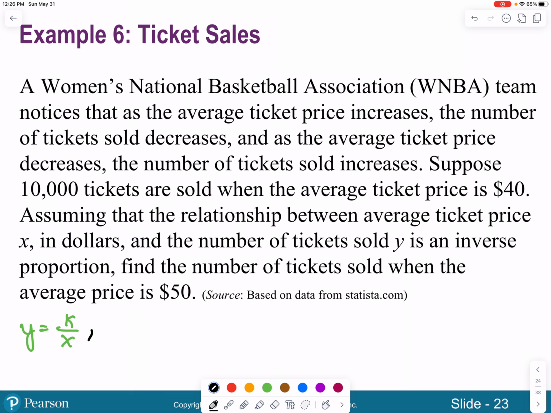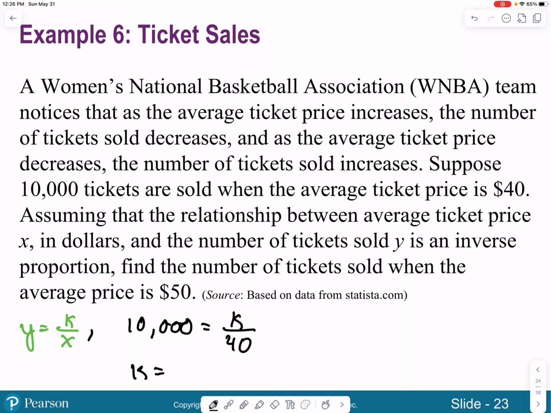So if we plug that information in, 10,000 tickets should be equal to some k over $40. So then k would equal 400,000.